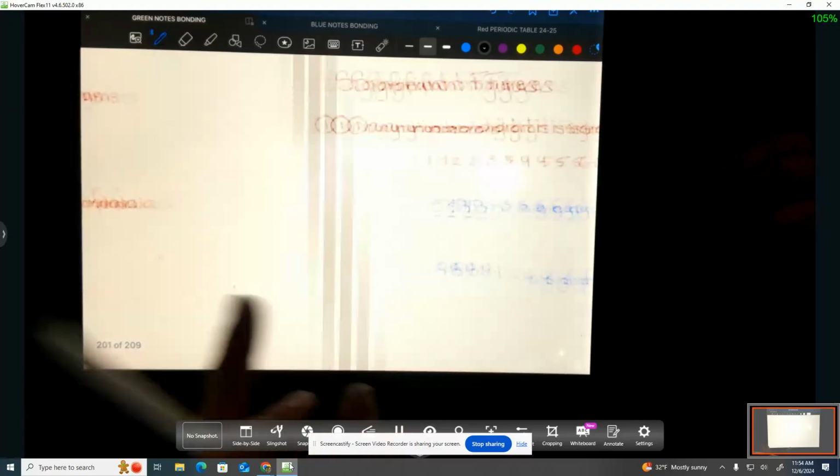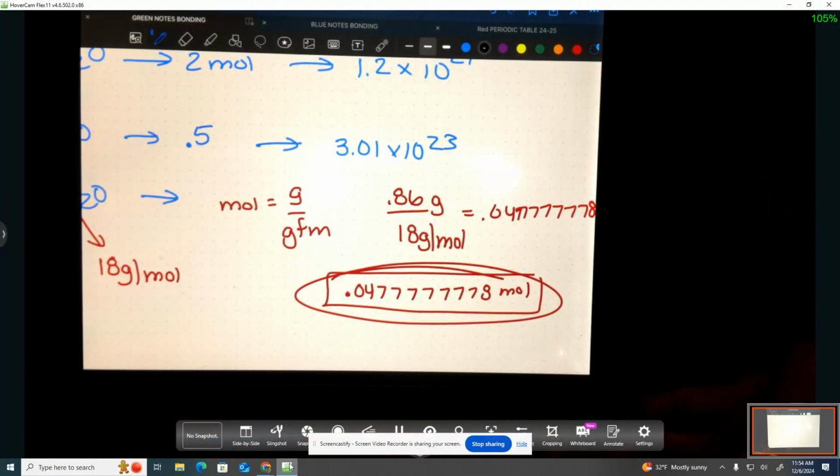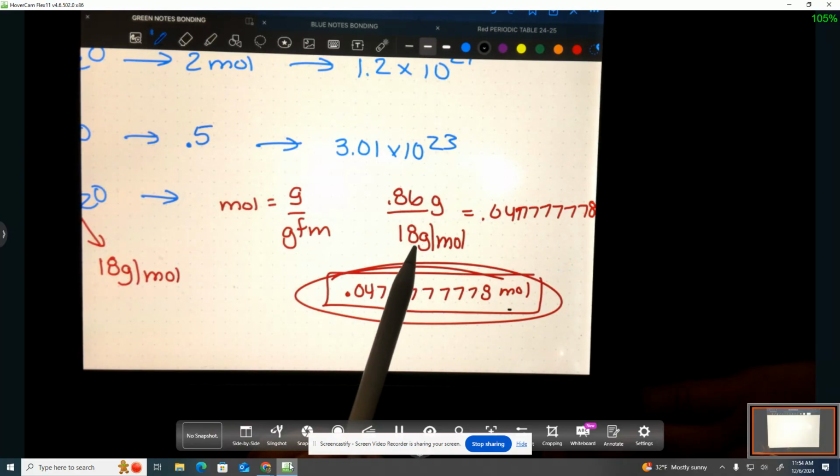So, let's go back to the question we were just doing with the moles. You put it into your calculator, and you get this ugly number. And then somebody inevitably comes up to me and says, what do I round it to? How many sig figs does this 0.86 have? 2. This number is a gram formula mass.